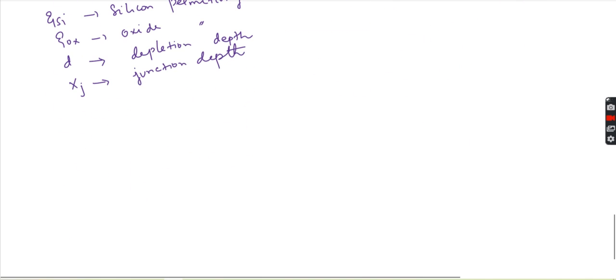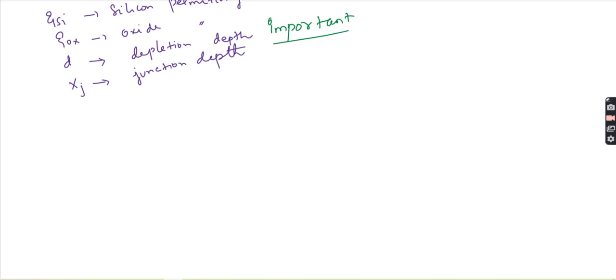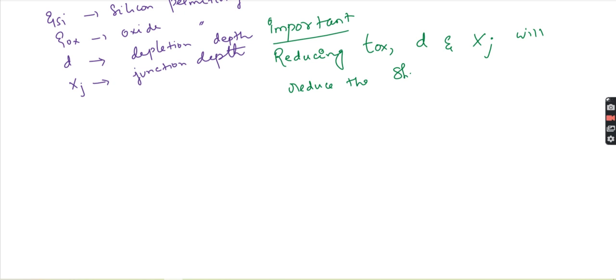Very important: reducing Tox, D and xj will reduce the short channel effect of the MOSFET.